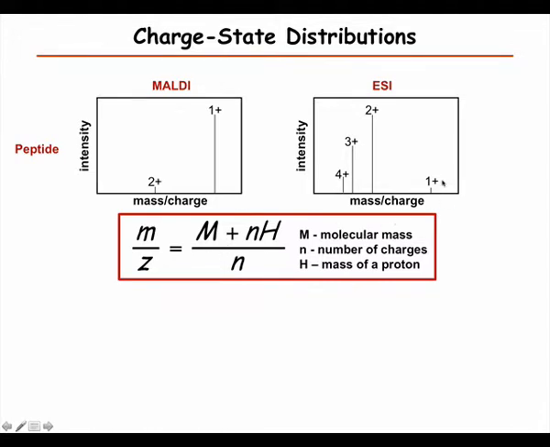And that's why we have the 1 plus at the highest mass to charge and 2 plus and 3 and so on going down, because we divide.